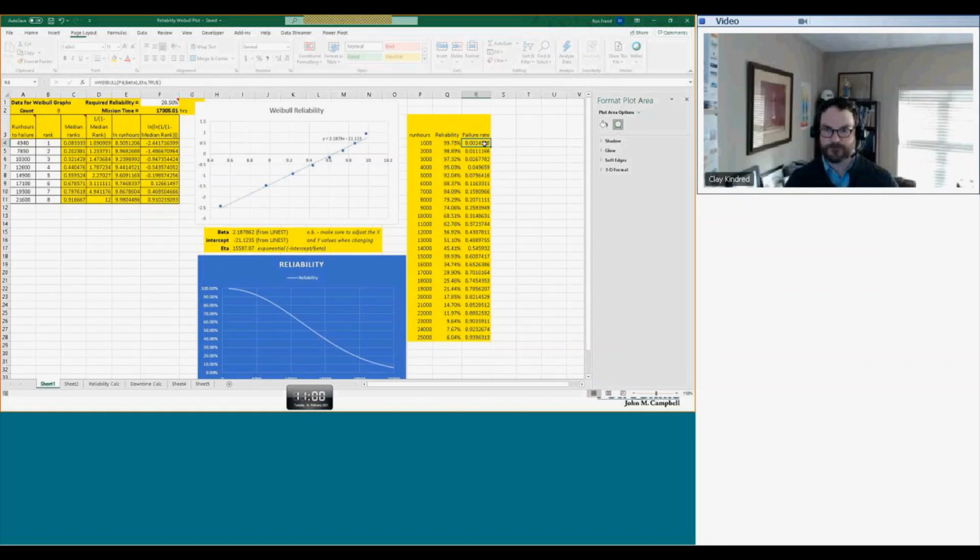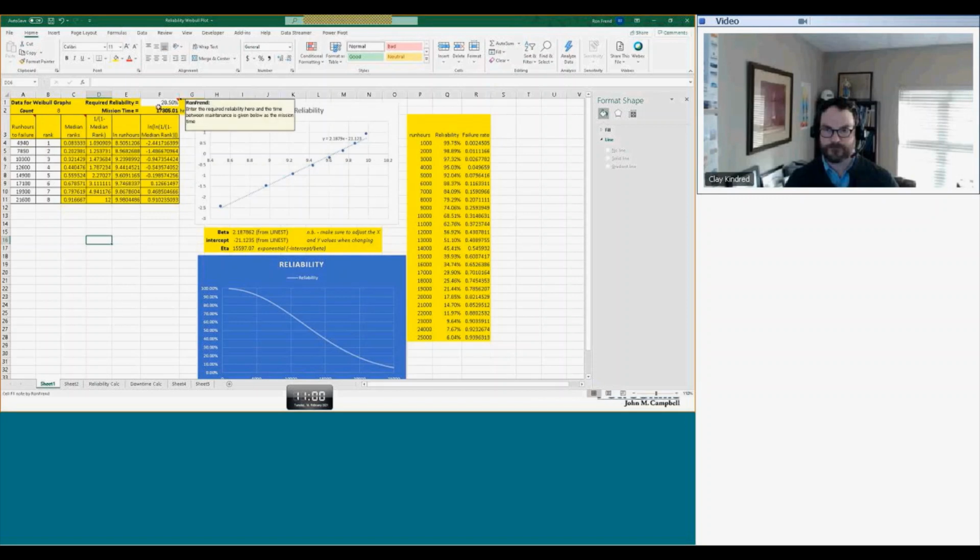This failure rate up here is Weibull, and it's B4, which is the run hours, times beta, which is what we calculated here, and eta, which we calculated here, and true, just to get a full number. And that gives me my failure rate. My reliability is simply 1 minus that. And all I've now done to get this S-curve is the run hours against the reliability.